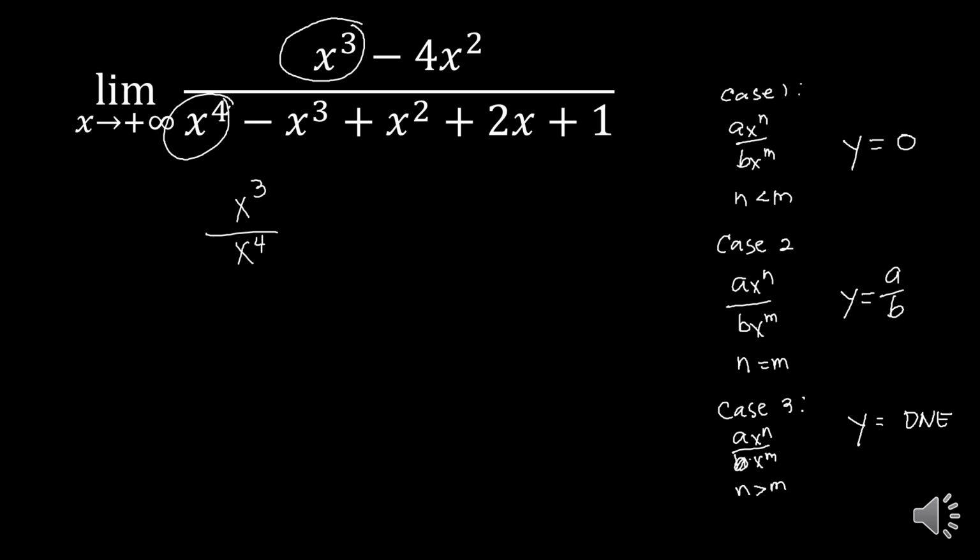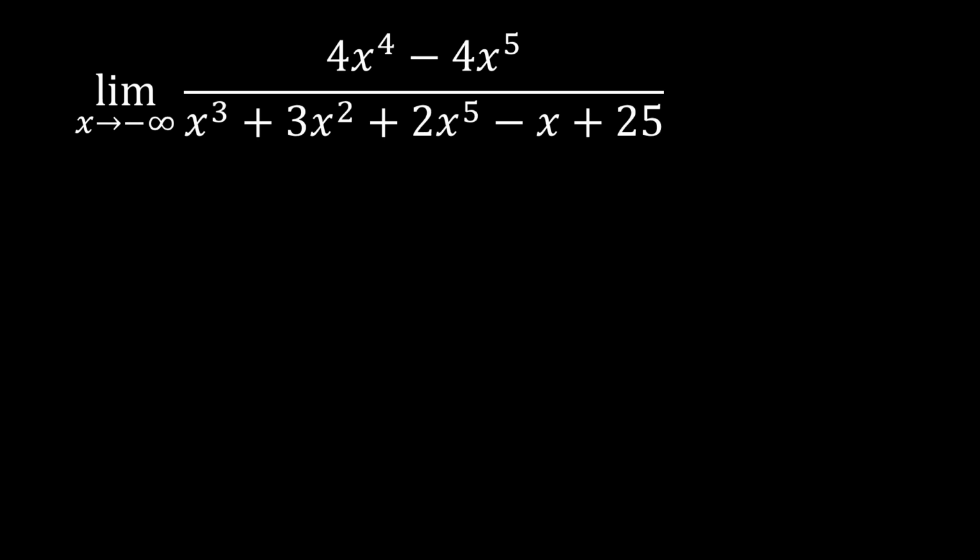Once we apply our limit as x approaches positive infinity, based on the cases, we have that one as 0 because our 3 is less than 4. So that is how you get your limit as x approaches infinity.